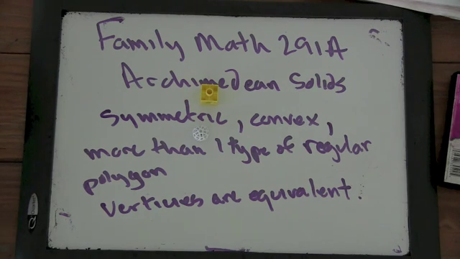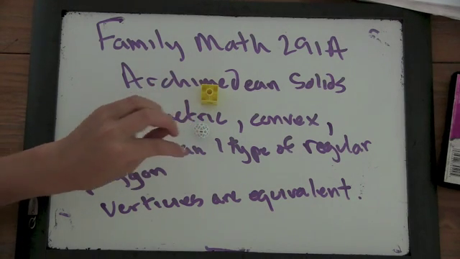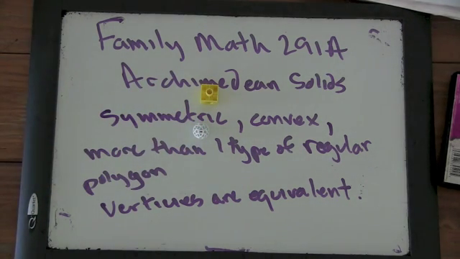So why is it not Archimedean? Well, there are definitely regular polygons on it, but not all of the polygons are regular. Oh, because if you can see this rectangle, it's a rectangle, not a square. Interesting. So that's not an Archimedean solid.